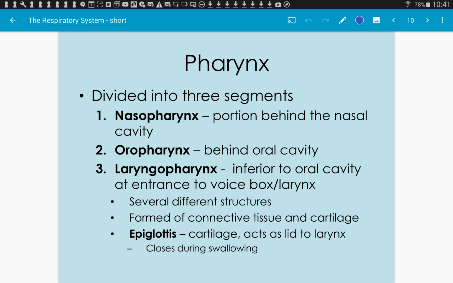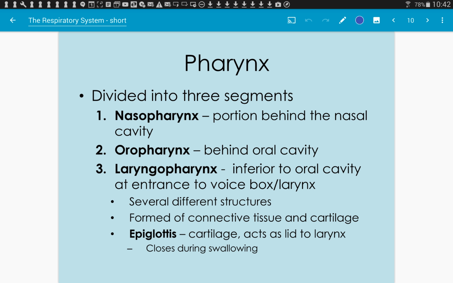So your body has a really great way to ensure that something you swallow only goes down the esophagus, not into the respiratory tract, because that will cause problems. So the epiglottis, when you swallow, folds over and covers the opening to the airway, covers the opening to the larynx, to prevent whatever you're swallowing from going into your airway. Okay? So it's a very important job that the epiglottis has.